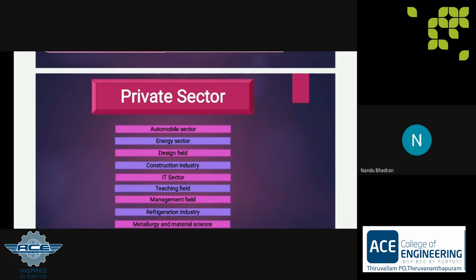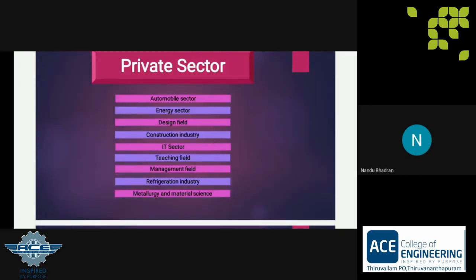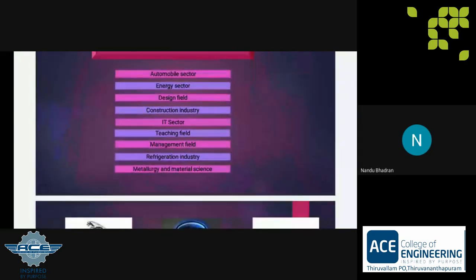There is also a wide variety of scope in the design field, which involves design of products, design of cars, design of buildings. Also, the construction industry, where mechanical engineers are involved in the field of HVAC, heating, ventilation, and air conditioning. Also, in erection of buildings, in the fire and safety department, and plumbing sections in buildings.